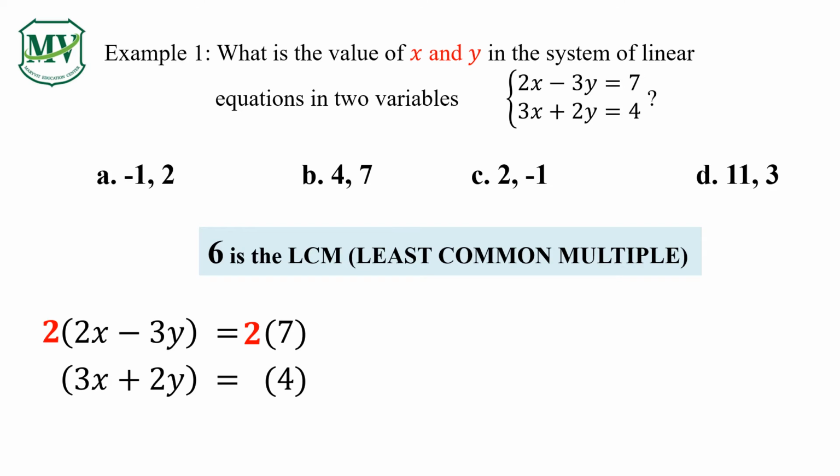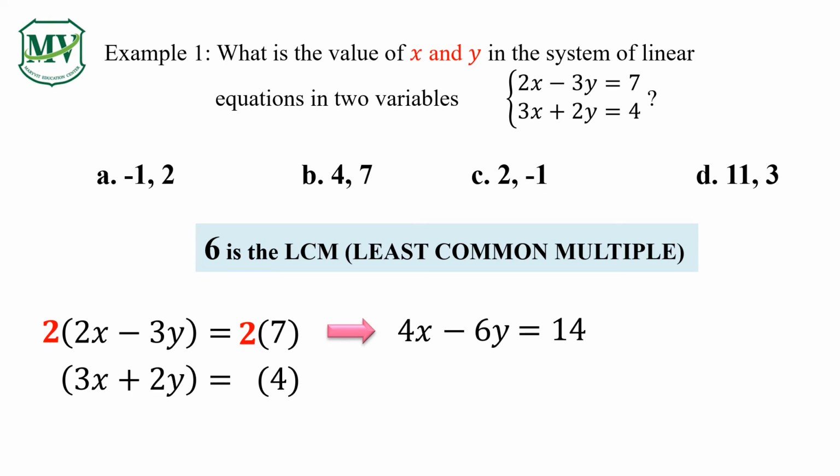Multiply 2 to the entire equation number 1. 2 times 2x is equal to 4x. 2 times negative 3y is negative 6y. 2 times 7 is equal to 14. We now have a new equation. 4x minus 6y is equal to 14.